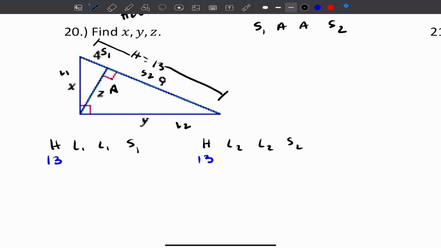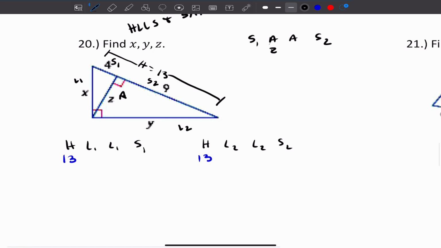The altitude is Z here, Z there. Segment 1 is 4. 4 here, 4 there. And then we have segment 2, which is 9. Leg 1 is X. And then leg 2 is Y.